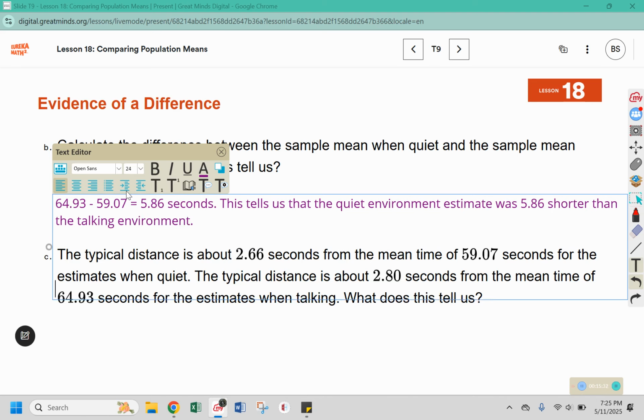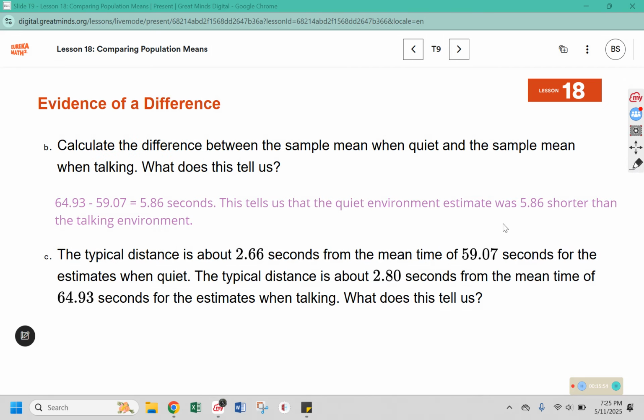The typical distance is about 2.66 seconds from the mean time of 59.07 seconds for the estimates when quiet. The typical distance is about 2.8 seconds from the mean time of 64.93 seconds for the estimates when talking. What does this tell us?